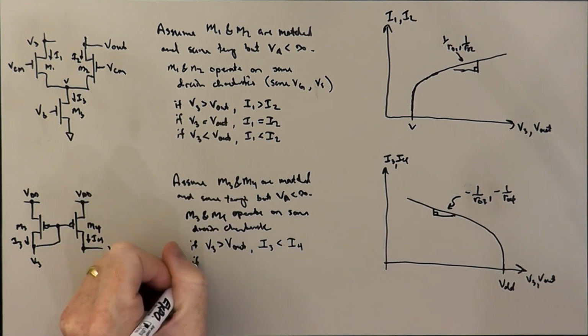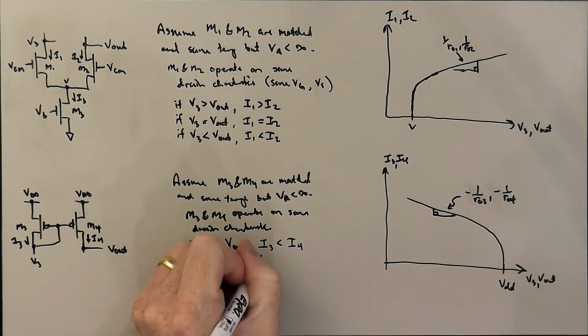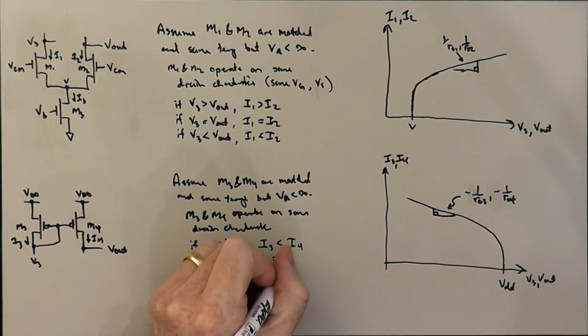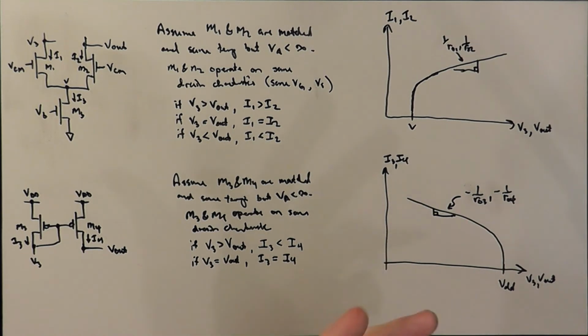And if V3 equals V out, I3 will equal I4. Again, they'll be at the same exact drain to source voltage, so they'll have the same gate voltage, the same source voltage, the same bulk voltage, and the same drain voltage, and so at that point their currents will be exactly equal even if we do have a finite Early effect.